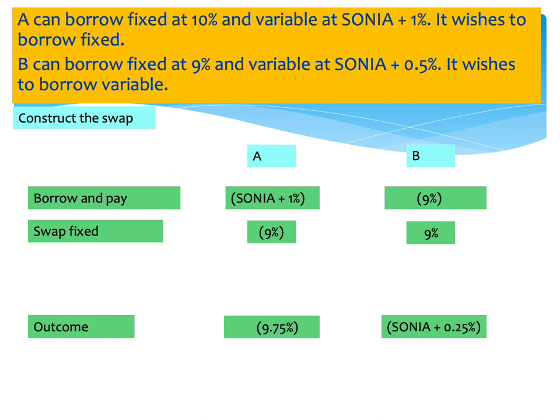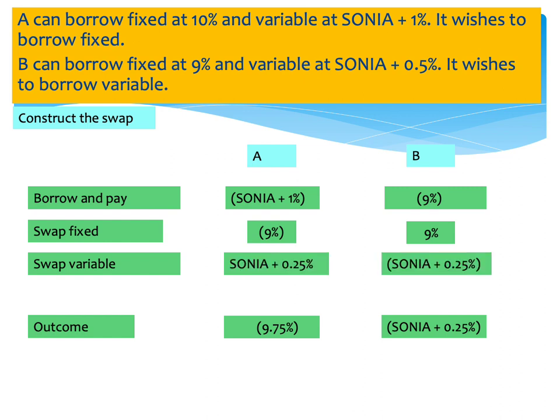Now, we know from our calculations of our outcomes that B wants to end up paying SONIA plus 0.25%. After that first transfer payment between A and B, B isn't paying anything. So the last transfer, where we swap the variable rates, is essentially just fudging it to get it to work.